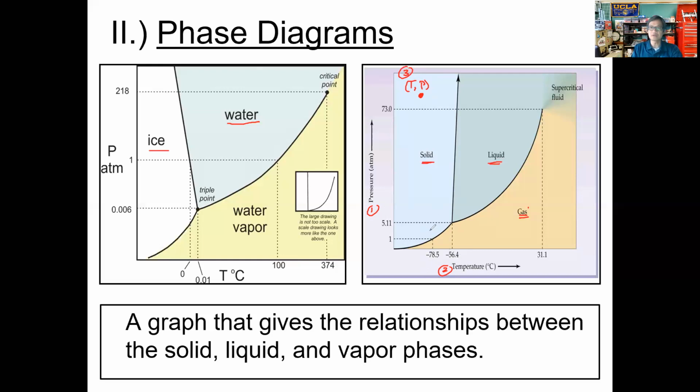Fourth, keep in mind that there are 3 lines that will appear on any phase diagram, and each line separates out the different states of matter. Those are the 5 key components we need to understand about the phase diagram.